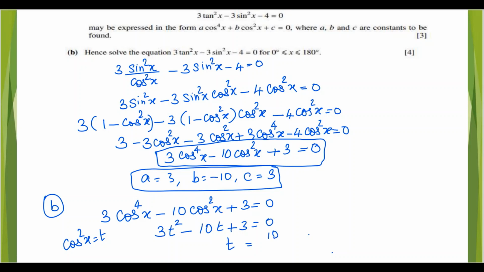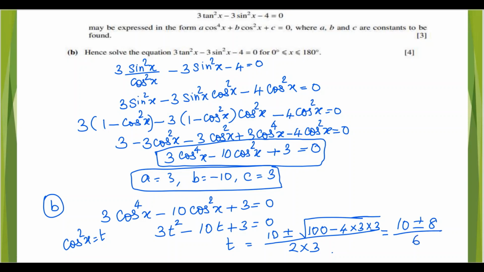T is equal to 10 plus or minus square root of 100 minus 4 multiplied by 3 multiplied by 3, divided by 2 multiplied by 3, which is equal to 10 plus or minus square root of 64, which is nothing but 8, divided by 6.